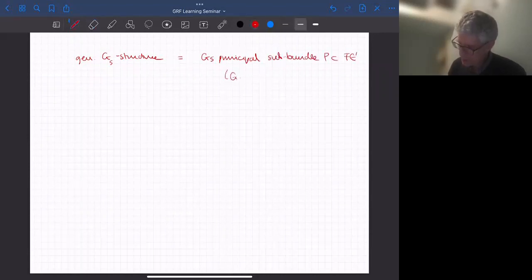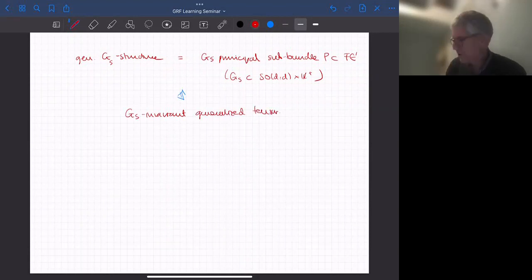So G_S is going to be some subgroup of SO(D,D) times R plus. Typically this is equivalent to fixing some G_S invariant generalized tensor. So you can think of these two different ways, either as choosing some subbundle or equivalently having some globally defined, nowhere vanishing G_S invariant generalized tensor.